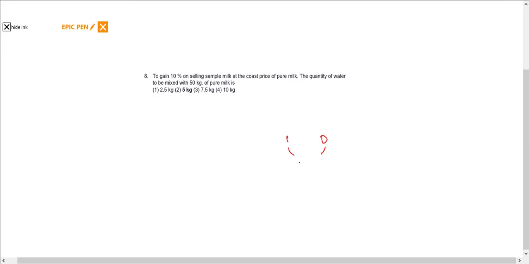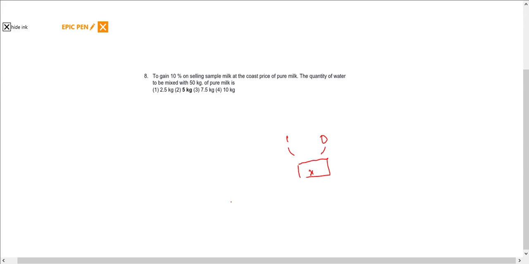Okay, what would be the resultant price of mixing 1 rupee milk with 0 rupee water? I'm going to end up between 0 and 1, right? So this particular thing is going to be between 0 and 1.